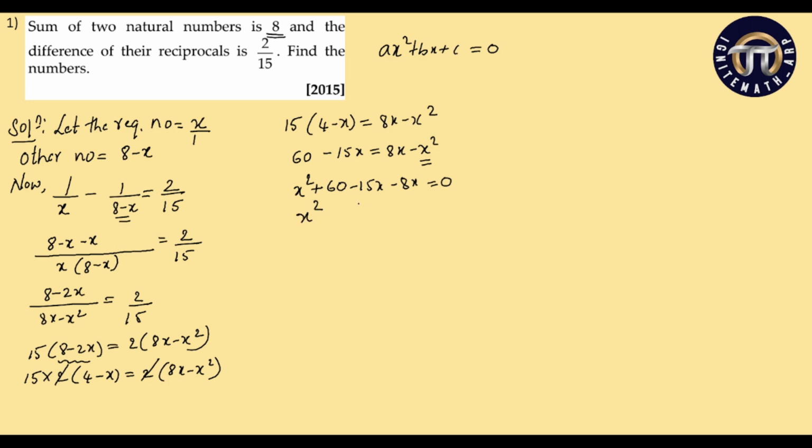So x square, then minus 15x minus 8x is minus 23x, plus 60 is equal to 0. This is what I'm getting as the standard form.